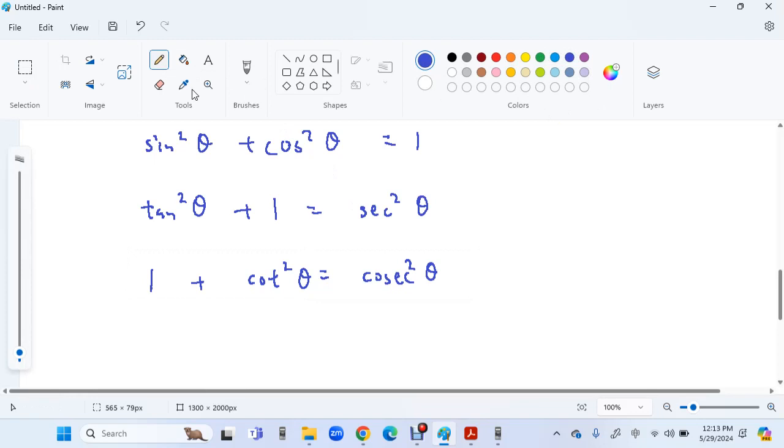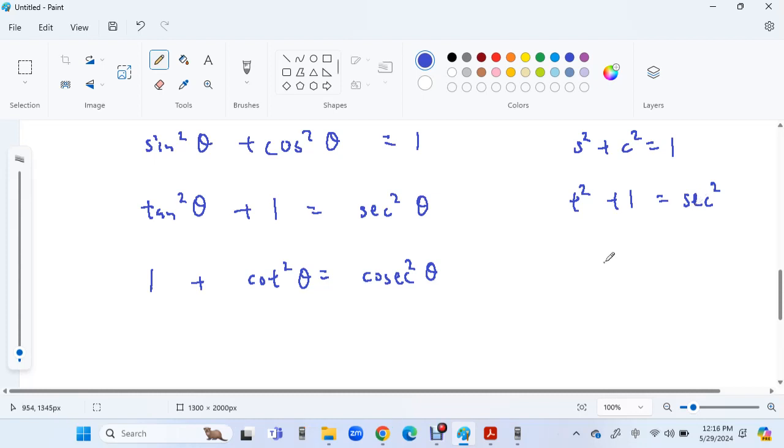Some students may find it difficult to memorize, but for me, I think it is easy. What I do is, the first one, we have the sine square plus cos square equal to 1. Then the second one, we have the tangent square plus 1 equal to the secant square. Over here, tangent and secant don't have cos.